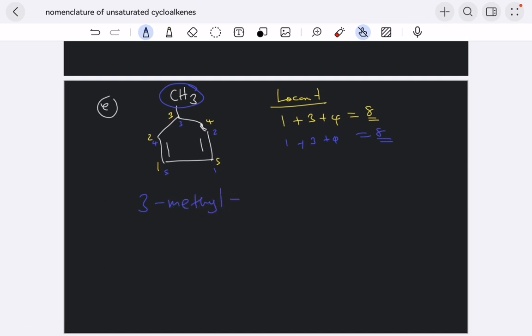Then you can say cyclo. This is pent, so it's going to be cyclopent. And then I have double bonds at 1 and 4, so diene, which can also be called 3-methyl-1,4-cyclopentadiene.